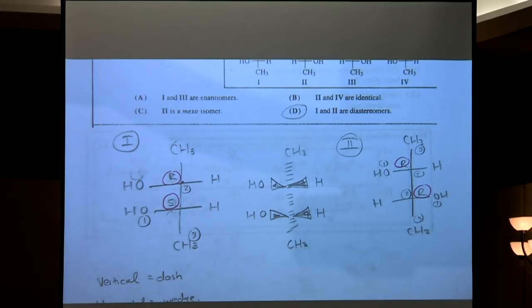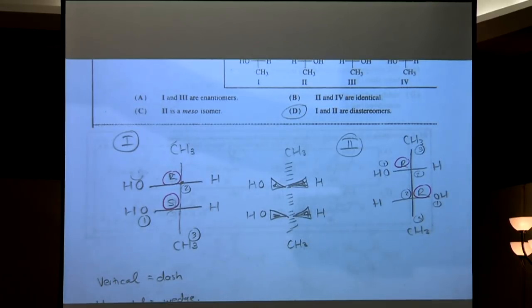Yes? So how are 2 and 4 not also identical? 2 and 4. We can assign the configuration for 4 just to visualize it if we want. I always look at it that way.